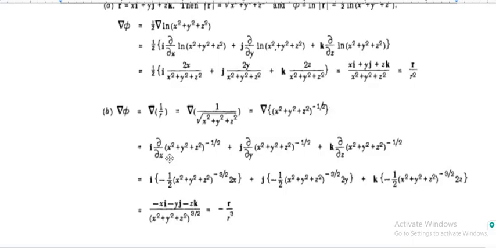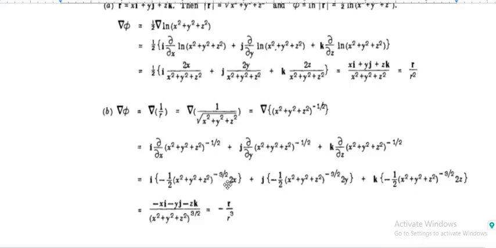And we need to differentiate with respect to x, y and also with respect to z, along the 3 different directions i, j and k. When you are differentiating with respect to this, minus half will be taken out, and obviously this will be differentiating x square, which gives you twice of x, and 1 by this factor, x square plus y square plus z square.